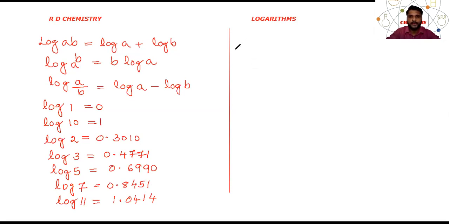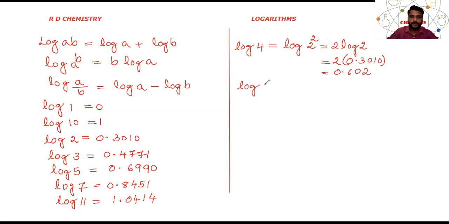So we'll start with log 4, which can be written as 2 to the power 2, which is equal to 2 into log 2, which is 2 into 0.3010. So therefore, we have 0.602.